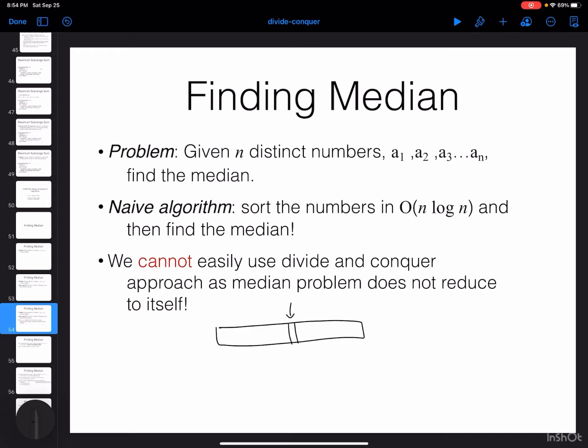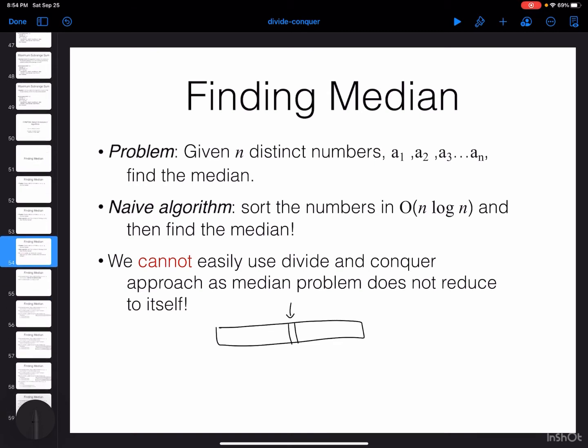It's not easy to find a recursive relation for a problem that directly asks for the middle item among n items. Finding the middle item among n divided by 2 of the items is not going to really help you.